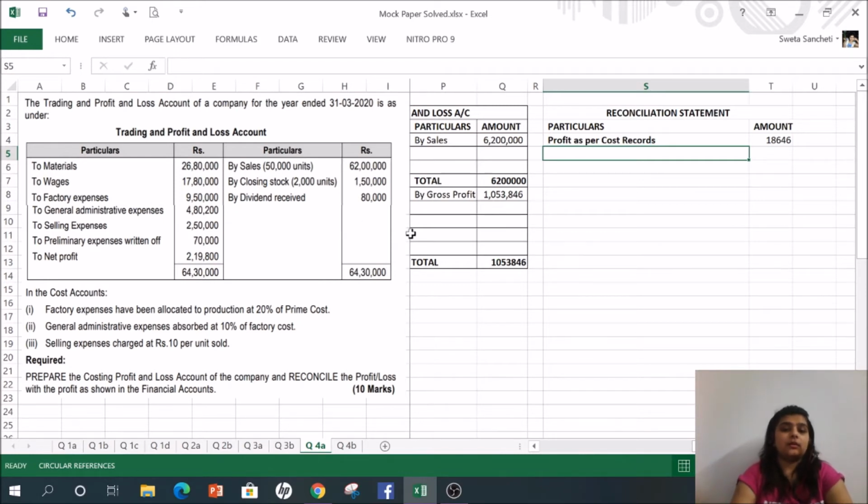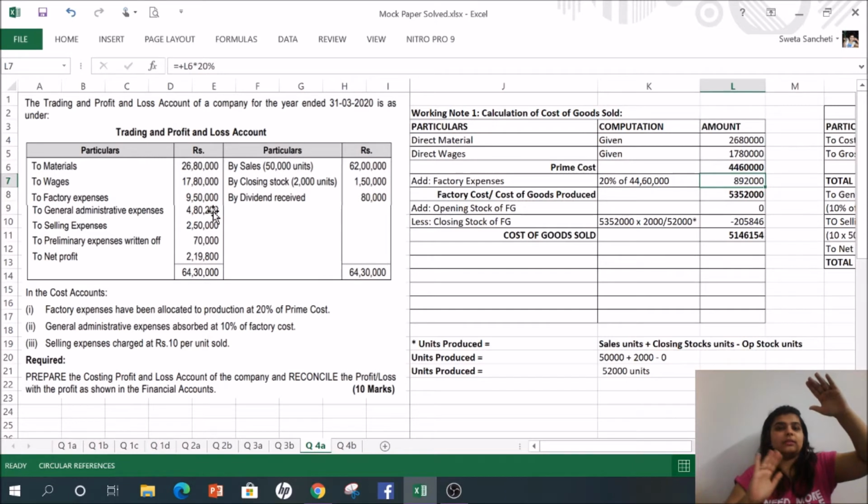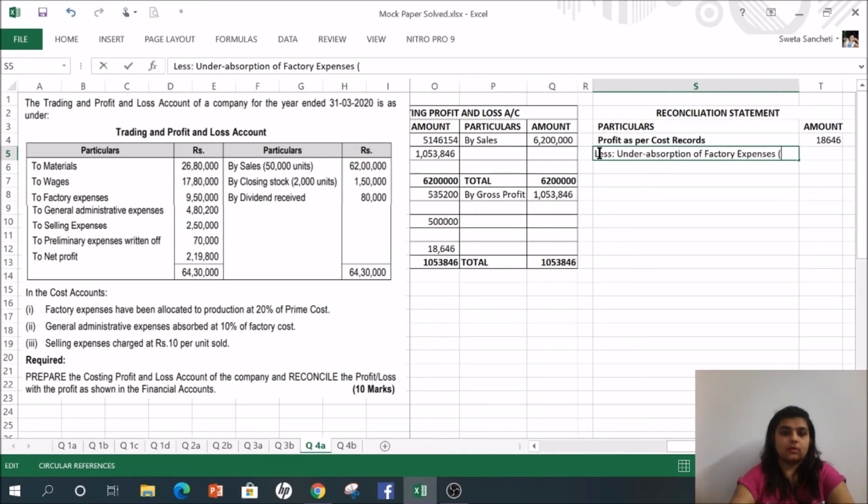The first difference is the under or over absorption. Now we have absorbed 892 in our cost books and the actual expense is 9 lakh 50. Cost books, financial books. That means cost book profit, cost is less. Cost is less means profit is more. And in our financial the profit is less. So what do we need to do? We need to reduce. So less under absorption of factory expenses, that is equal to, since we are doing less, I need a negative figure.